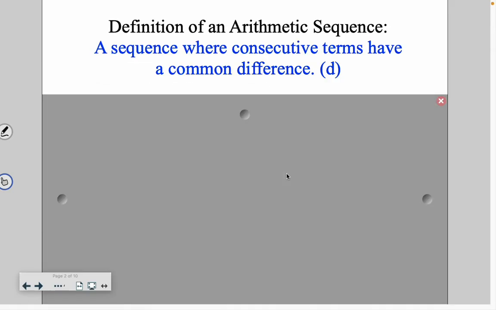All right, so here's your definition. Here's what makes a sequence, specifically an arithmetic sequence. It's when you have consecutive terms that have a common difference that we're going to label as the variable d. Okay, common difference.